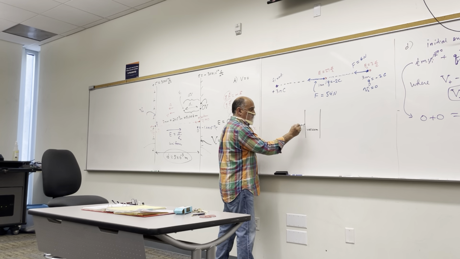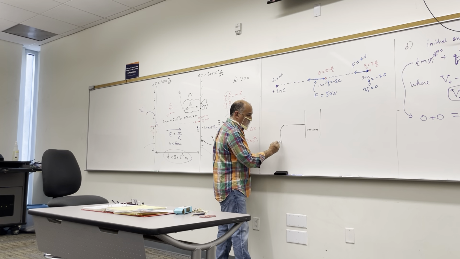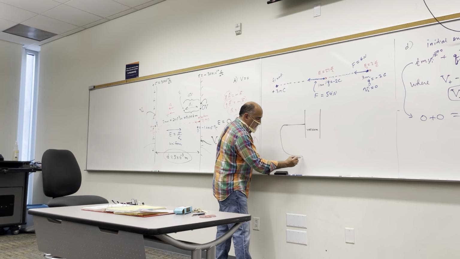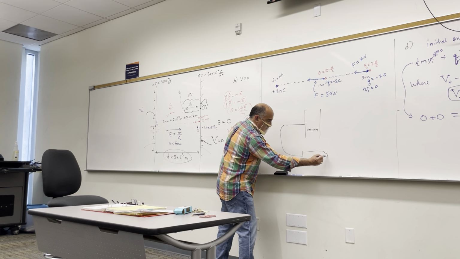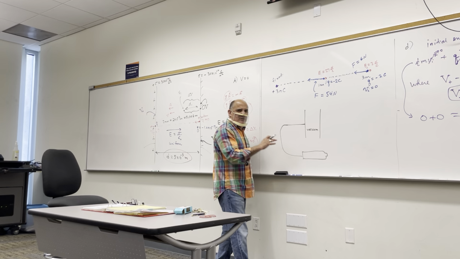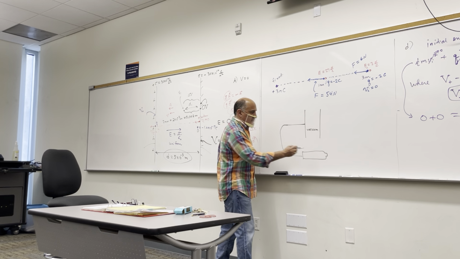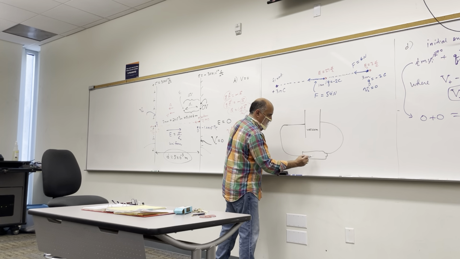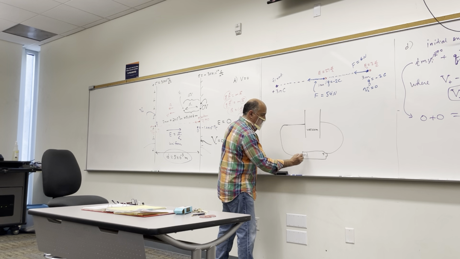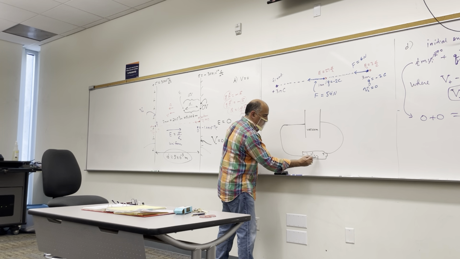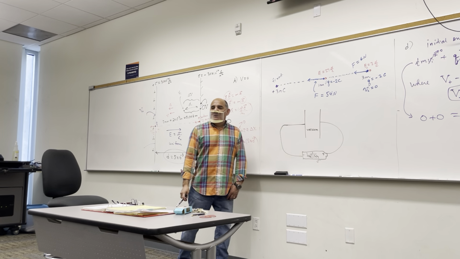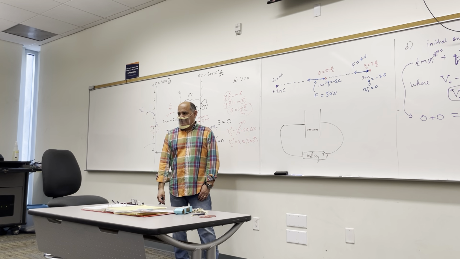And then we're going to take this plate, it's a metal, and connect it with a wire to a battery. I'm going to draw something like an AA battery, and a wire like that. So this is plus, this is minus. This is a battery. Now, what will this battery generate in this wire?